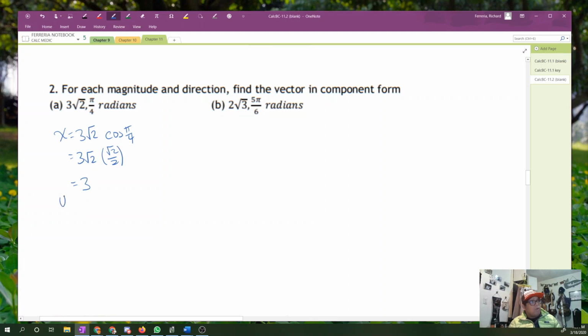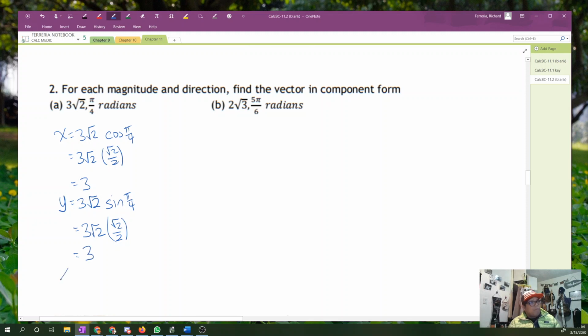The y-coordinate is going to be equal to 3 radical 2, and now we're going to use sine of pi over 4. Okay, what is sine of pi over 4? Well, that's the same, rad 2 over 2, meaning the y-coordinate is also 3.